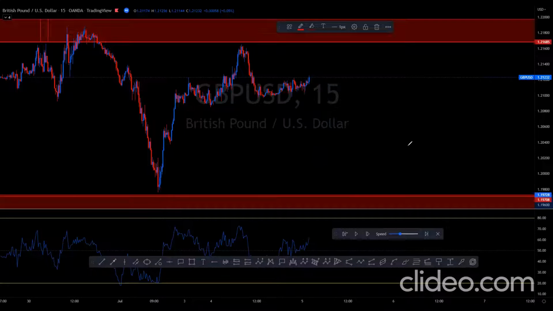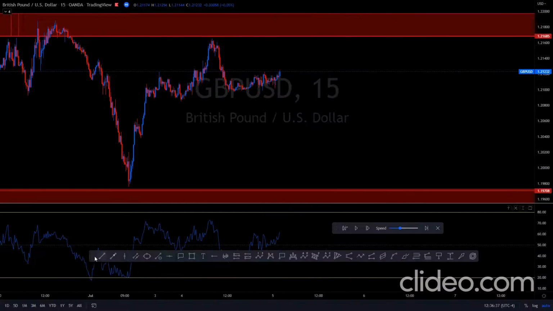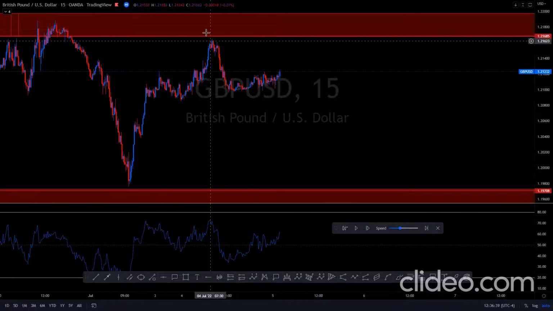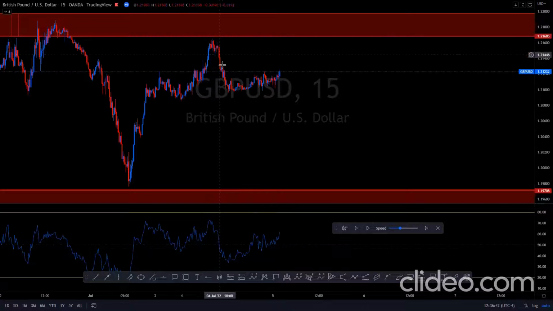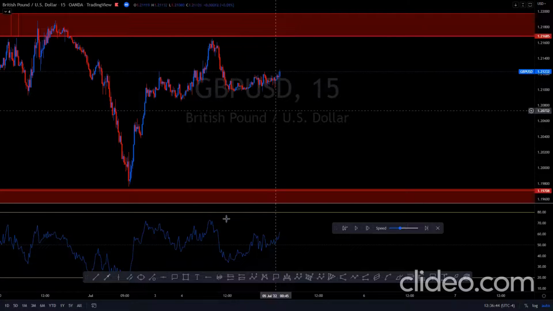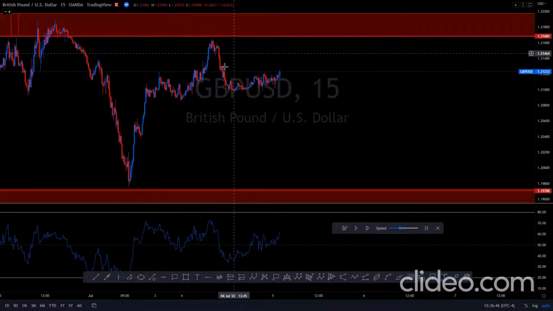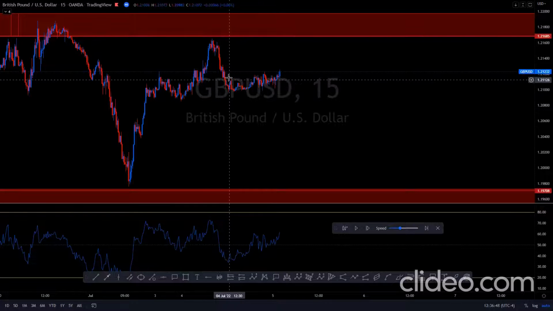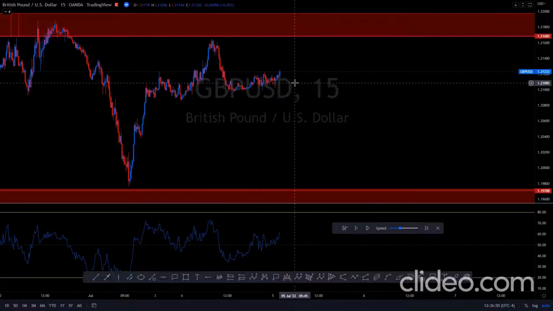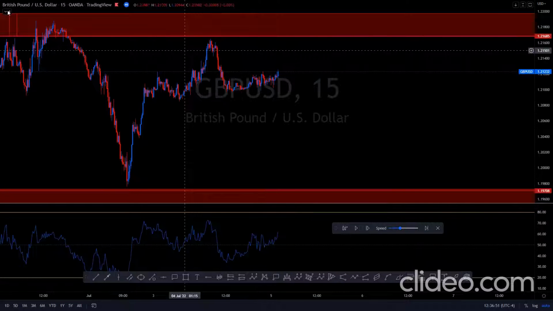So once we've completed step one, step two is to identify the trend. Well, when I look at current price, I can see that price did a downside to here. So we see that there's a lower low, lower high, and so on and so forth.